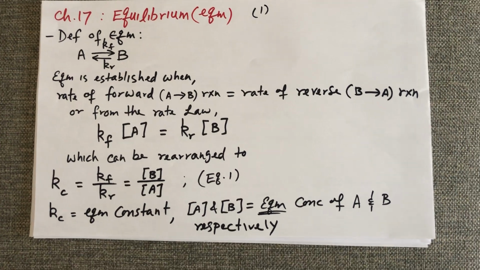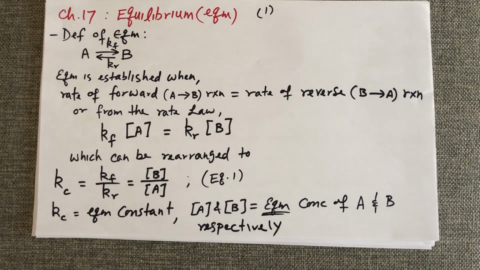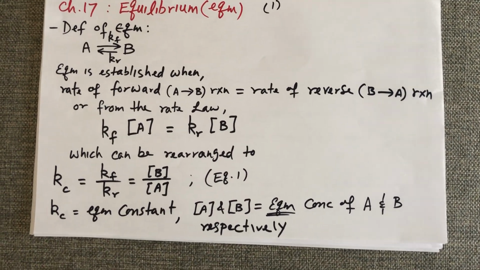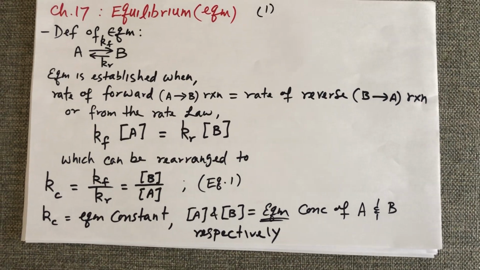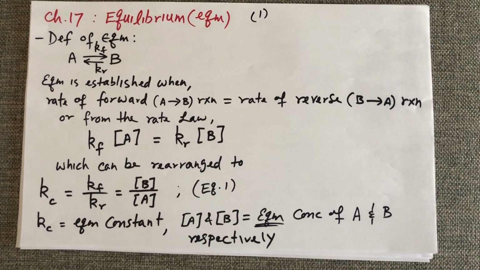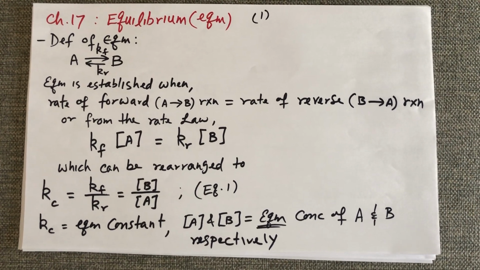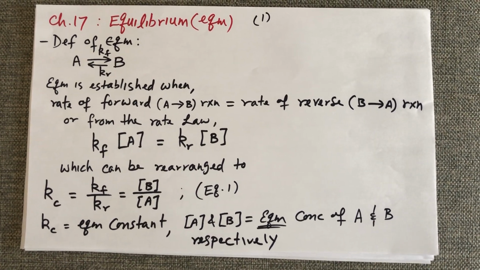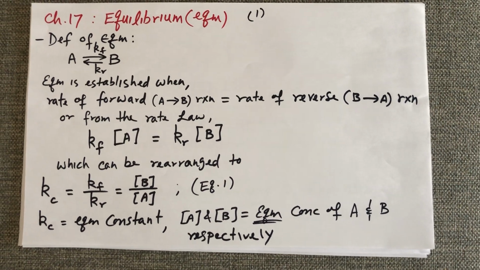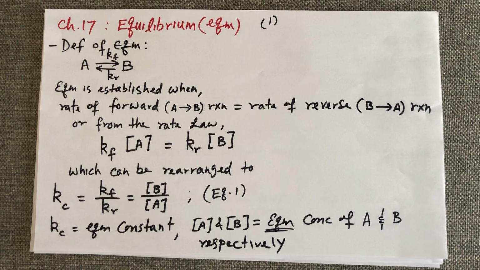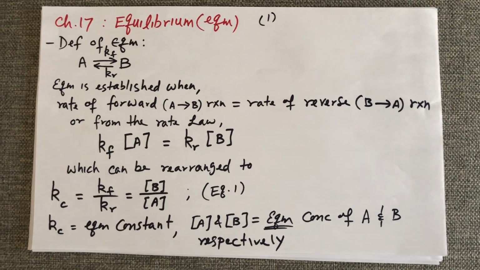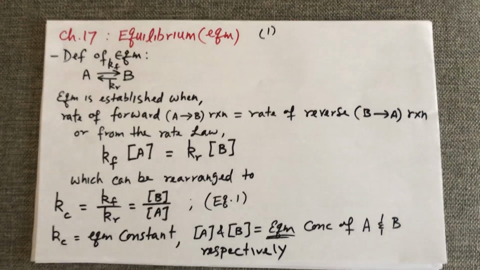So the Kf on the top of the forward arrow indicates the forward rate constant from reactant to product, and Kr refers to the reverse rate constant. Now, equilibrium is defined or established when one condition is met. That condition is that the rate of forward reaction must be equal to the rate of reverse reaction.